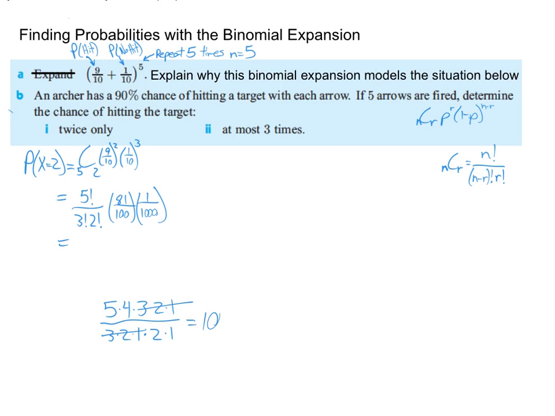So now I know I have a 10 times 81, so that's 810 times 1. Why is it 81? Well, I'm just putting it all together now, because 9/10 squared was 81 over 100. And then on my denominator, I've got 100 times 1,000, which is 100,000.